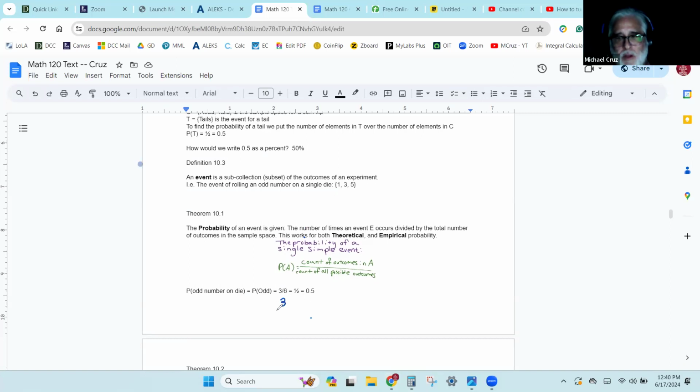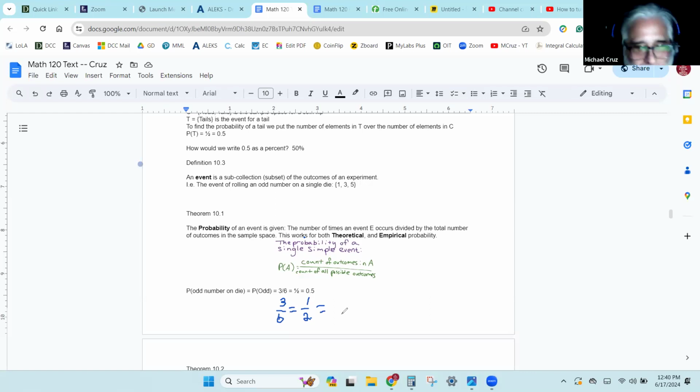So there's 3 over 6, and that simplifies down to 1/2. And depending on how you're asked to enter it, make sure you're paying attention. If it says rounded to the third decimal place, or rounded to hundredths, they will change it.